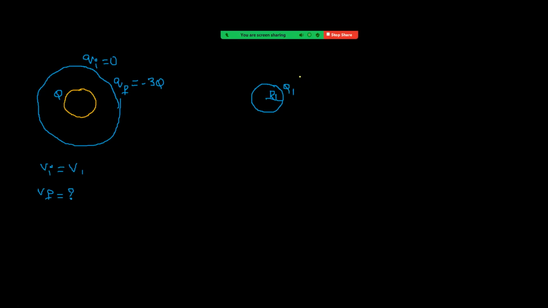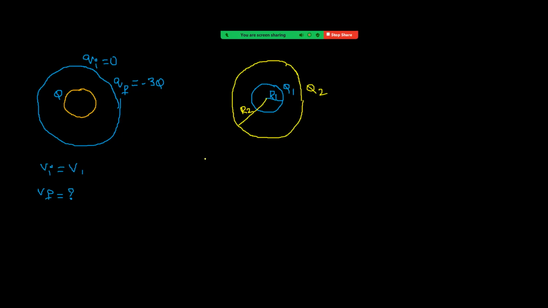Let us take one concentric conductor. Suppose its radius is R2, charge is Q2. So first focus on how we calculate the potential of each conductor.